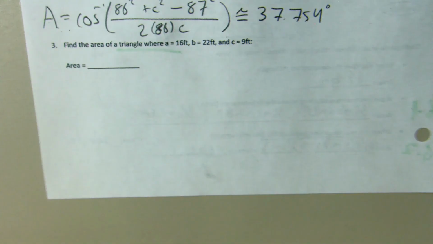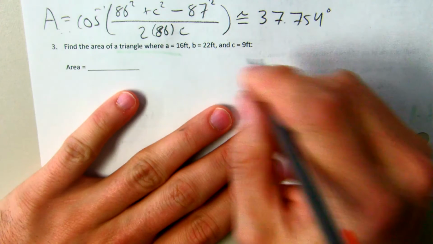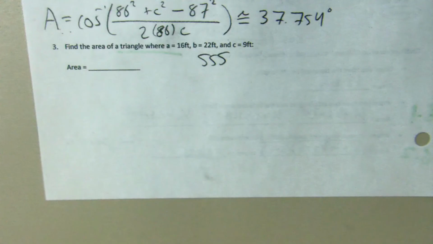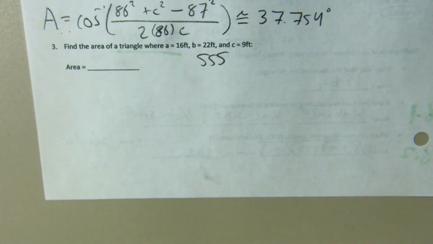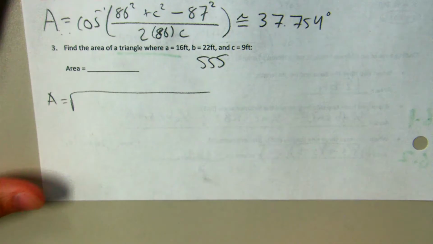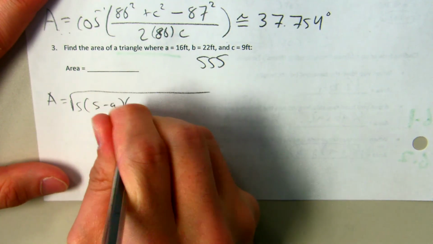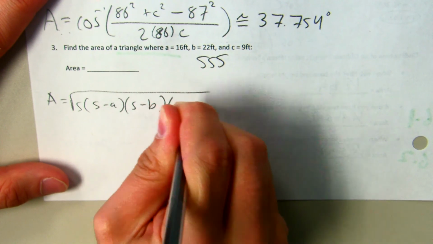Okay, and then the one other thing we sneak in is area when given side to side. Heron's formula. So Heron's formula says area of any triangle will be the square root of s times s minus a times s minus b times s minus c.